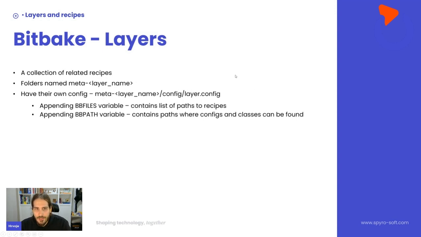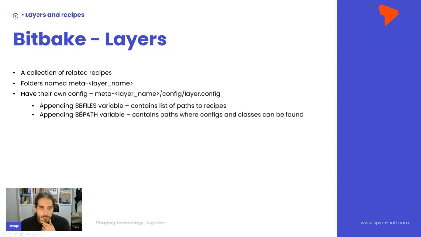And what is usually done in this layer config is that you append to this BBFILES variable, which contains a list of paths to all the recipes. So usually what you do is add all the recipes of that layer to this list.